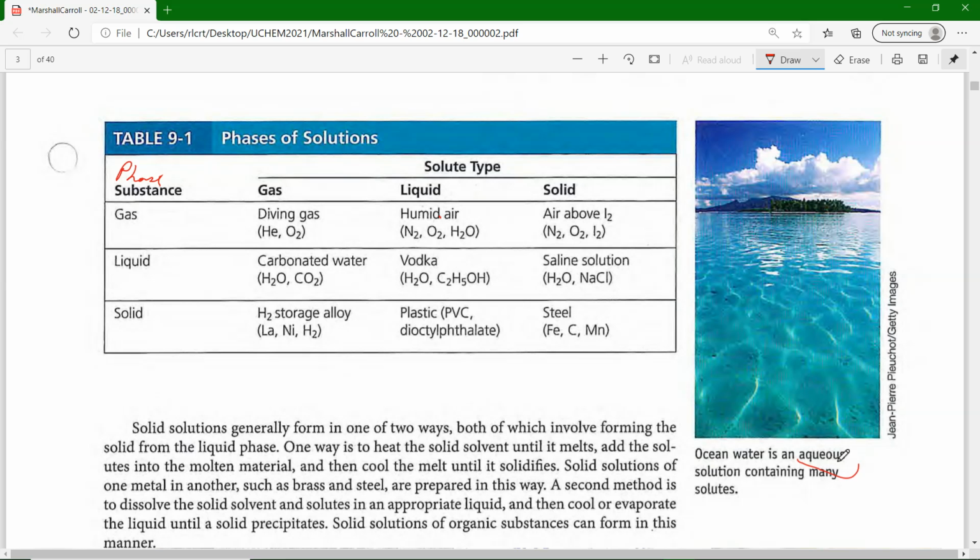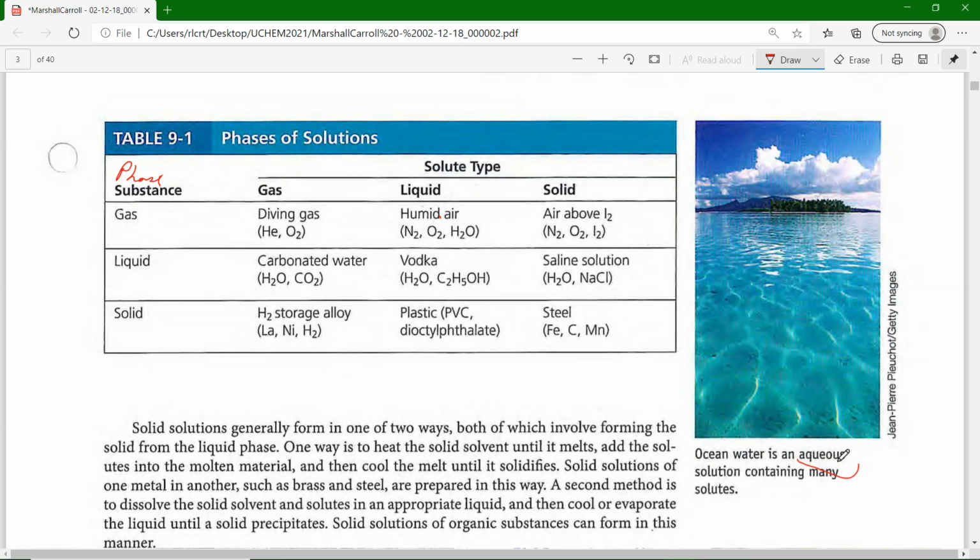Then we could have solid as our phase of the solution, so solid being the solvent, and you could have hydrogen gas stored in an alloy, and that is an interesting system helping to get hydrogen powered cars. We could have liquid plastics dissolved in solids.